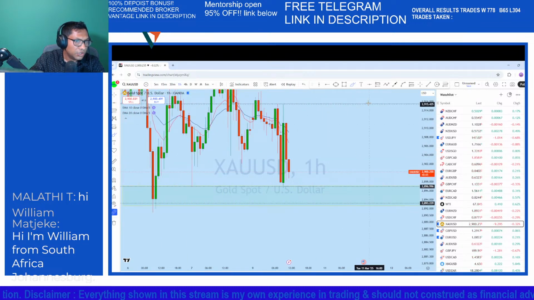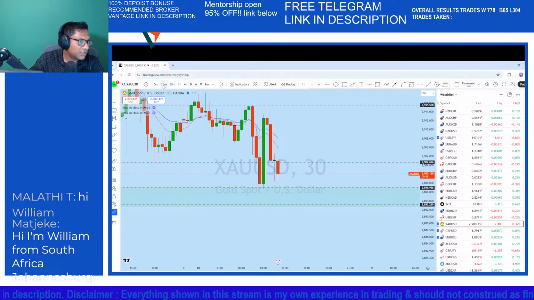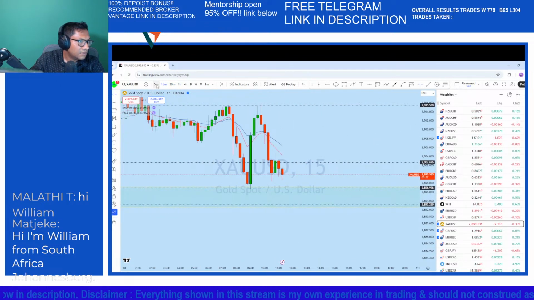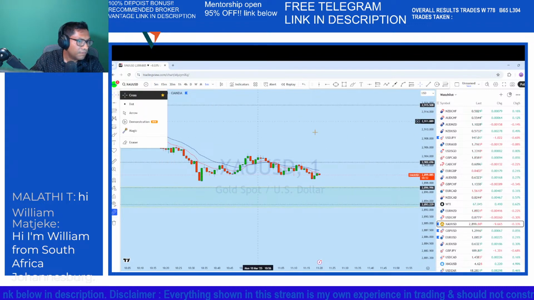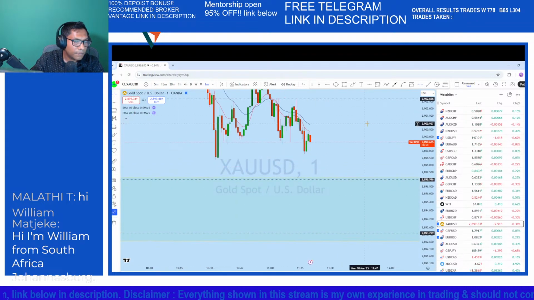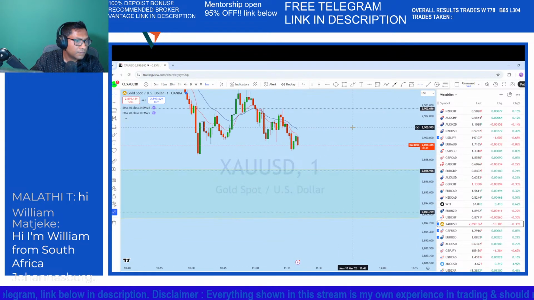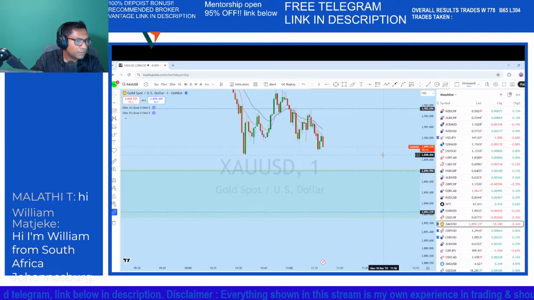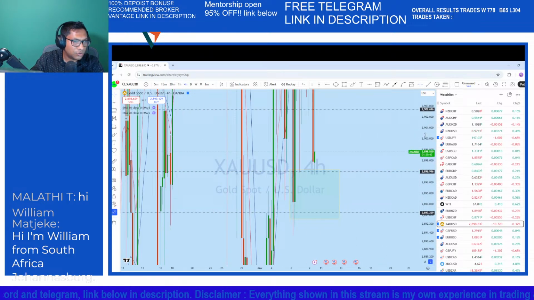So this is the 1 hour resistance line here. Looking at the lower time frame, let's wait for the market to show its hand.